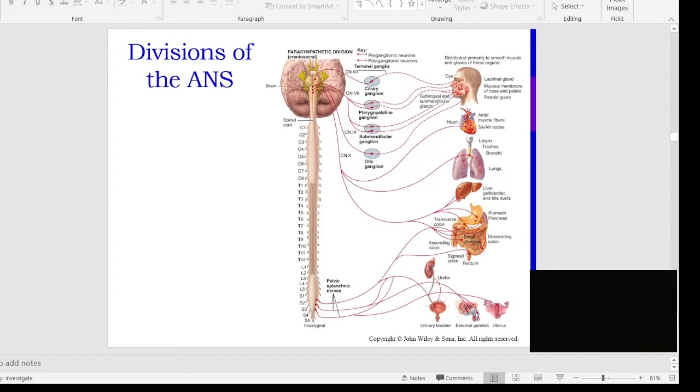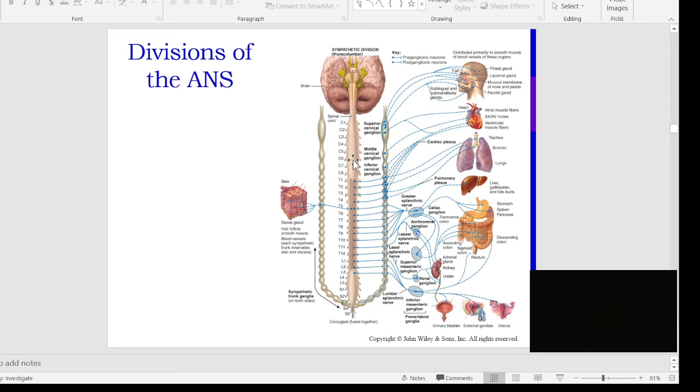This is your parasympathetic, the craniosacral, from the cranium or from the sacrum. So look at the difference. Thoracolumbar means thoracic and lumbar, and it innervates the colon and the internal organs.